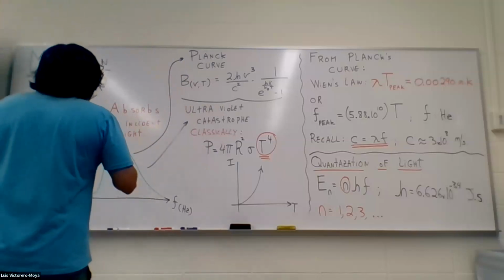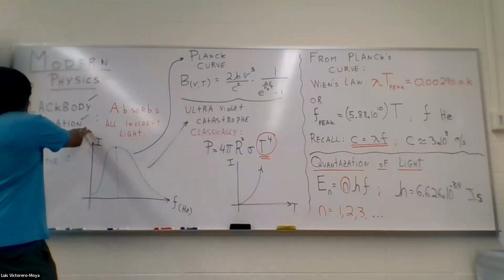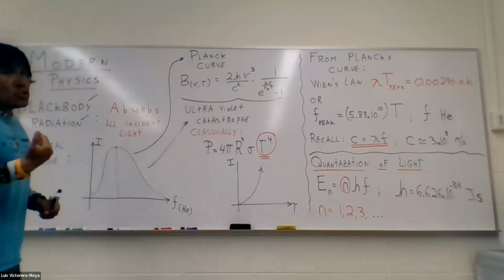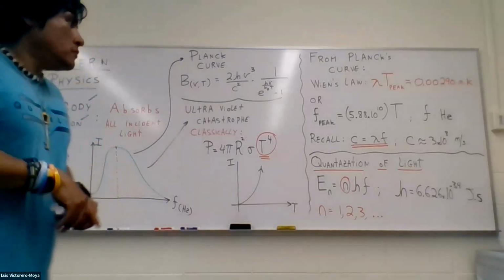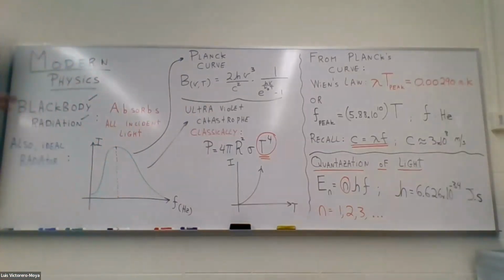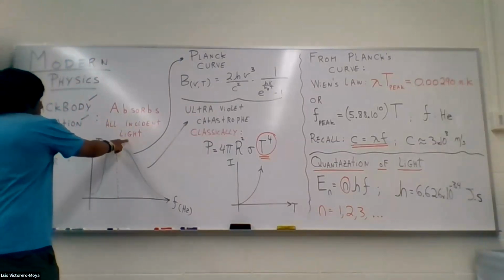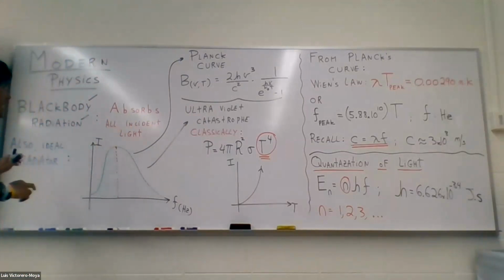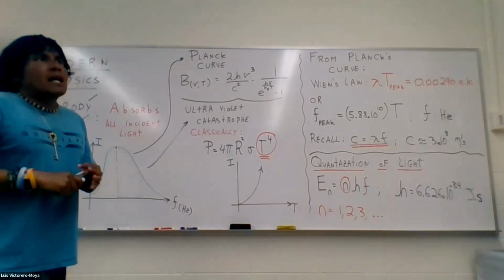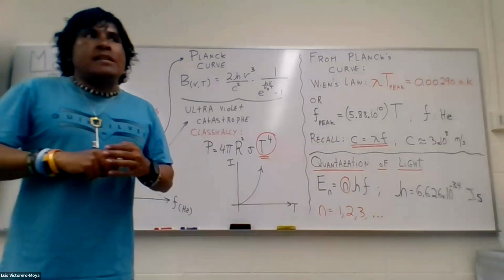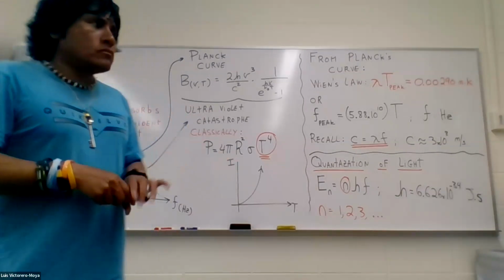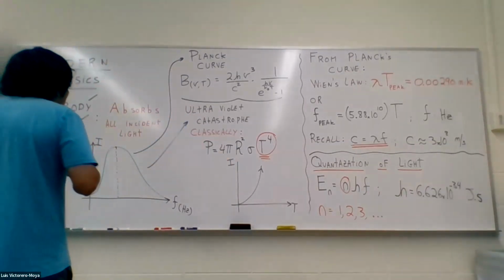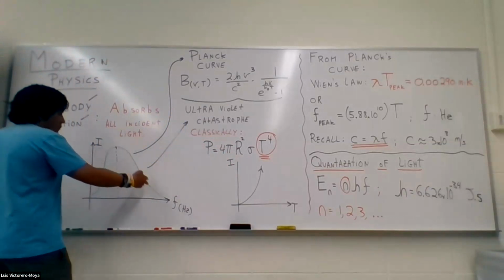But we need to understand what a black body radiation, a black body curve, is. A black body absorbs all incident light, and it's also an ideal radiator. So when we are characterizing or studying a star like the sun, we end up using a graph like this.